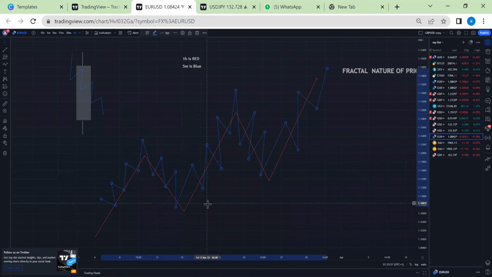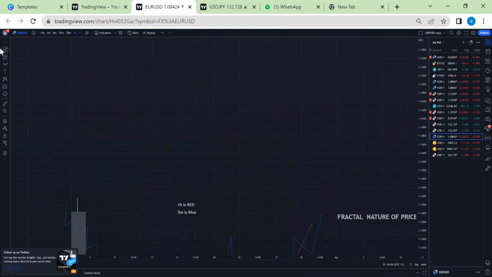Each time you see higher low, higher high, that's what we call order flow.